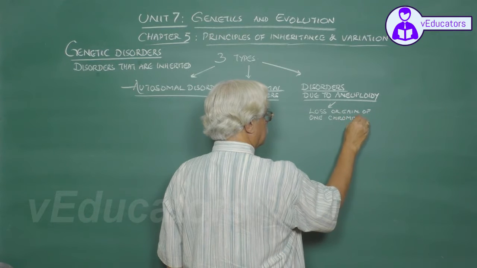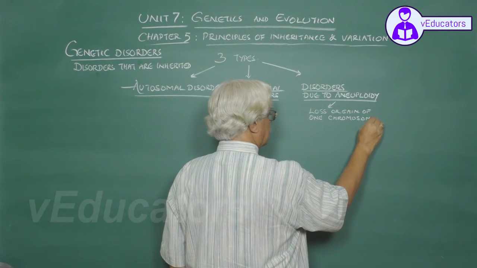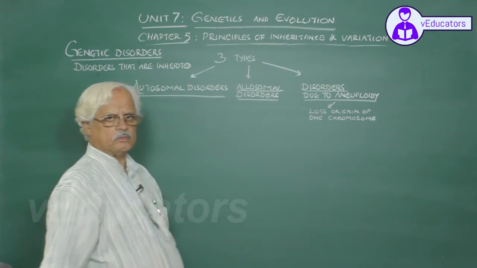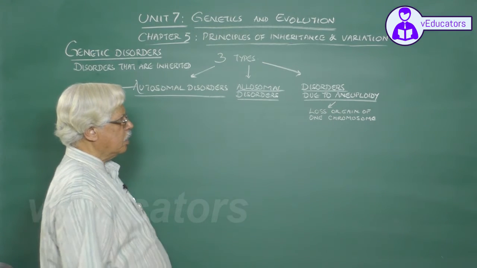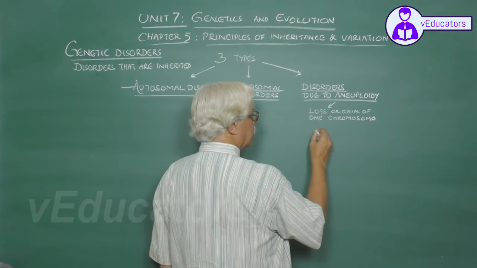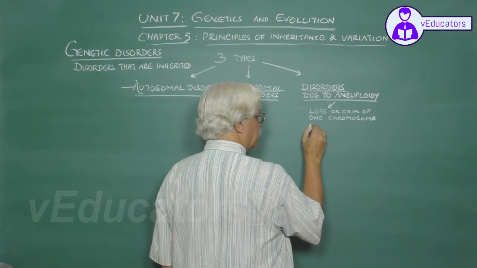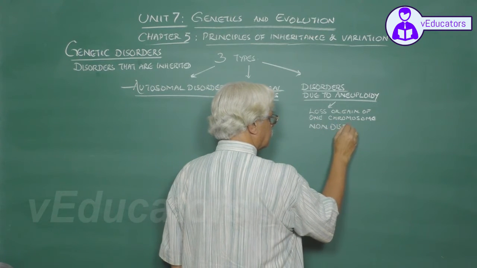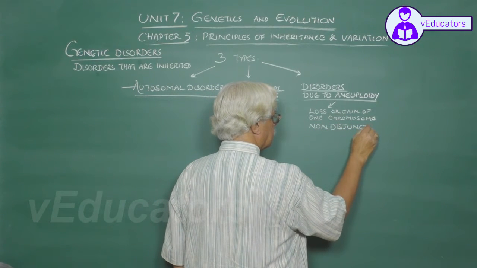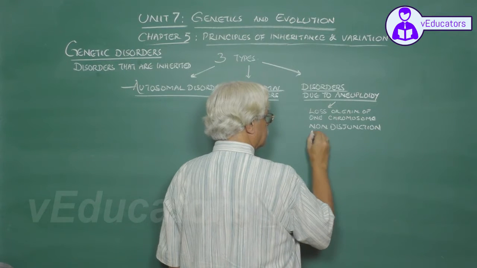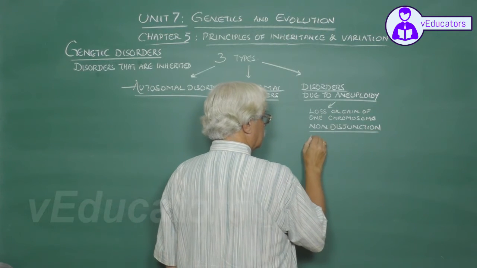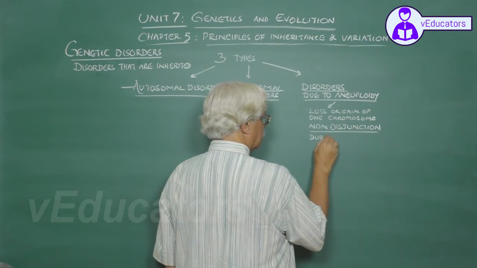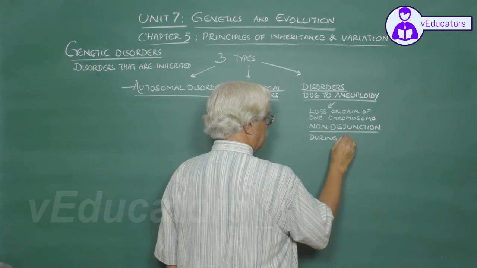Most familiar situation is loss or gain of one chromosome, and this loss or gain happens due to a process called non-disjunction during meiosis.